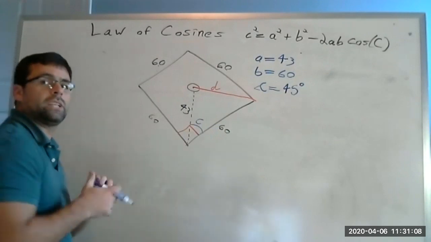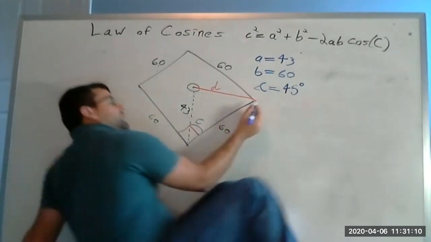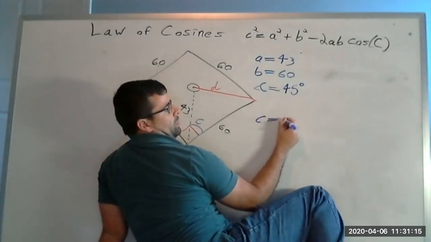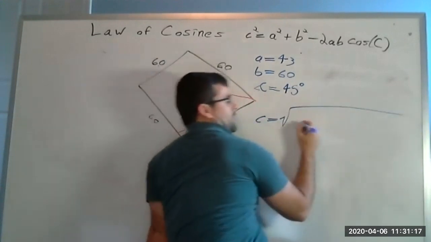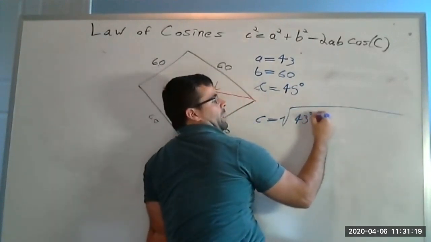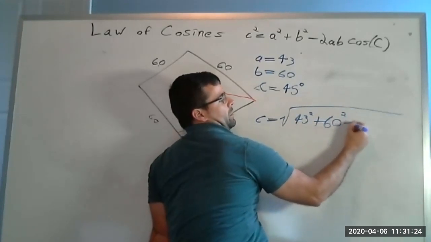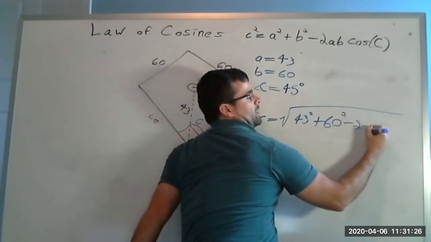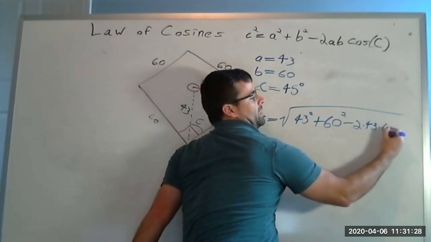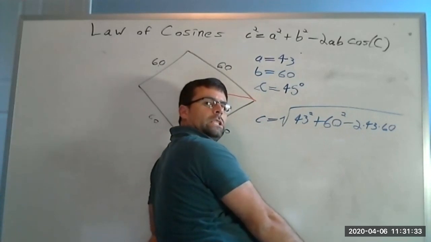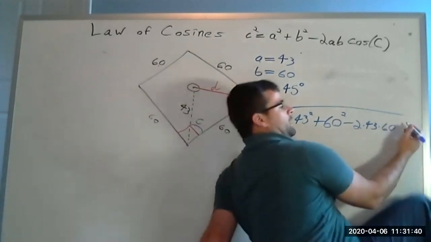So you plug stuff in, you get C equals square root of 43 squared plus 60 squared minus 2 times 43 times 60 times the cosine of 45. What is the cosine of 45? Root 2 over 2.